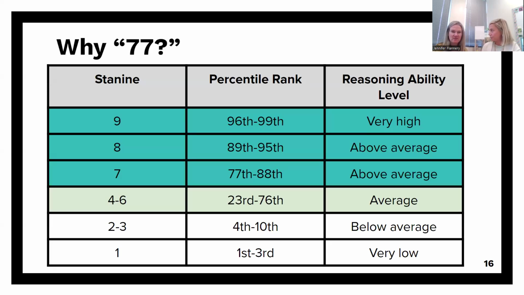So why the 77? To be able to capture all of the 7th, 8th, and 9th stanines, which is the above average performance. This allows students to demonstrate gifted traits and abilities in other ways to create a comprehensive learner profile.